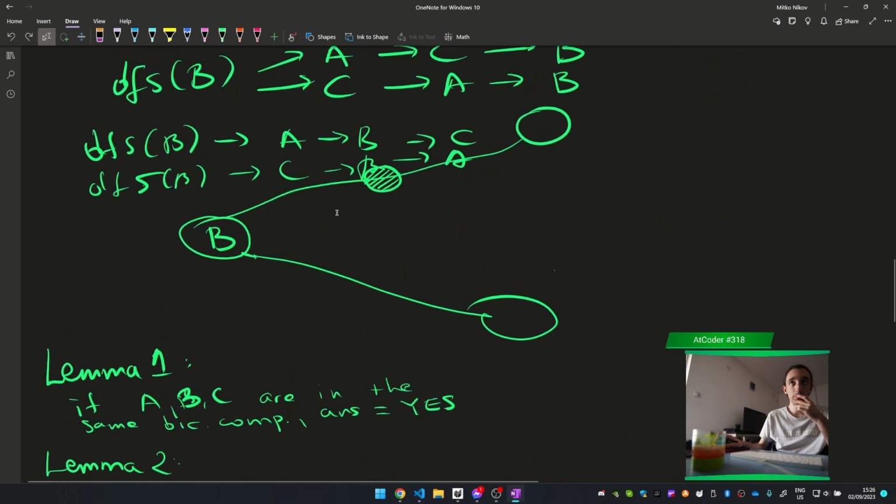So I find the shortest path from A to B, but there could be multiple shortest paths. And what is the shortest path from B to C?